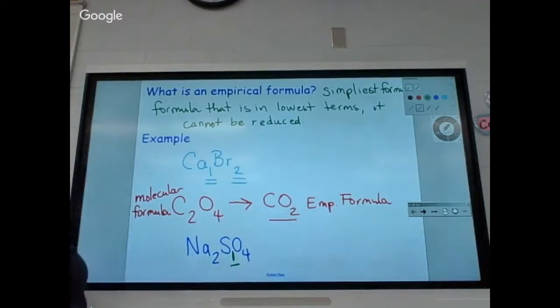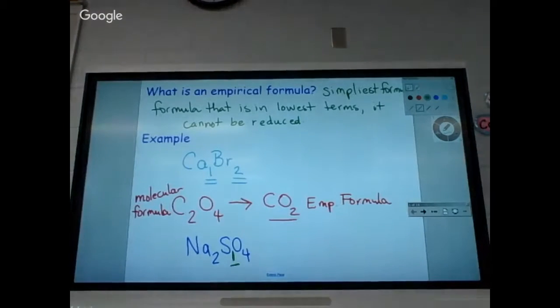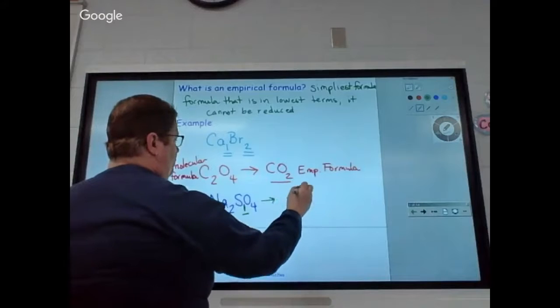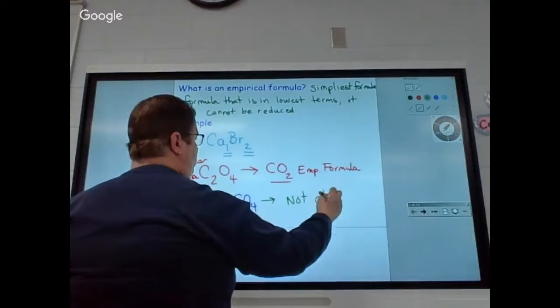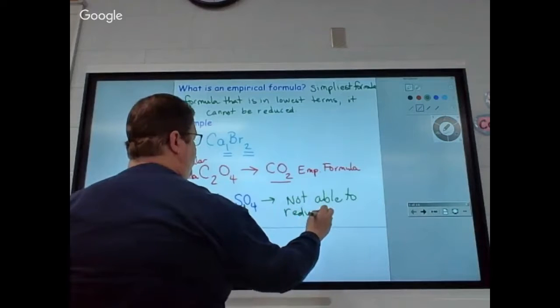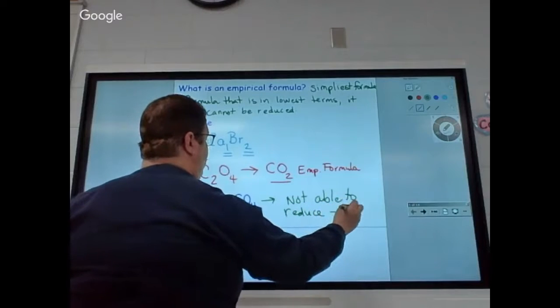But because sulfur is a 1, all the numbers can't be reduced. So, if you had something like this, all right, so that's not able to reduce, so it's empirical.